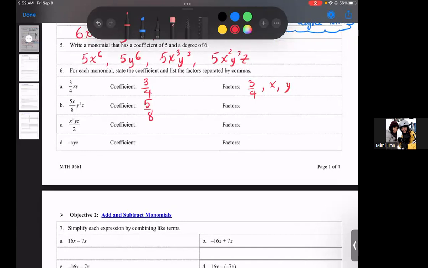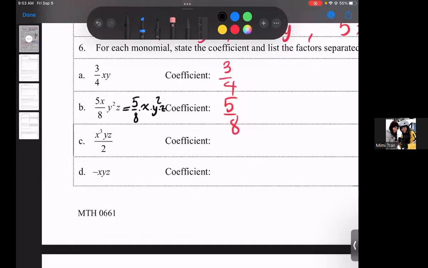Let me rewrite B and then C as well. I'm going to rewrite B as 5/8 times x times y squared times z. Is that okay? Yeah, it's the same thing. If I like to put the x next to the 5, it's the same as putting it down there, as long as I don't put it in the bottom.